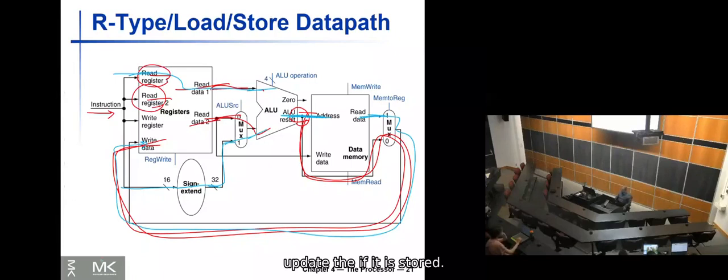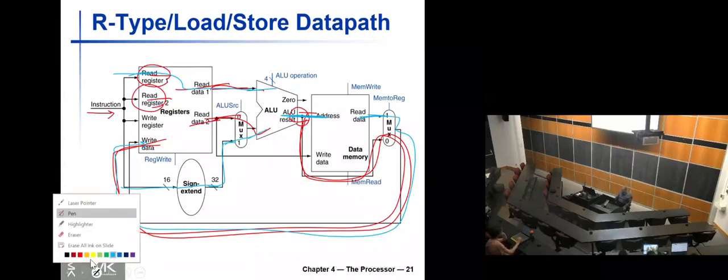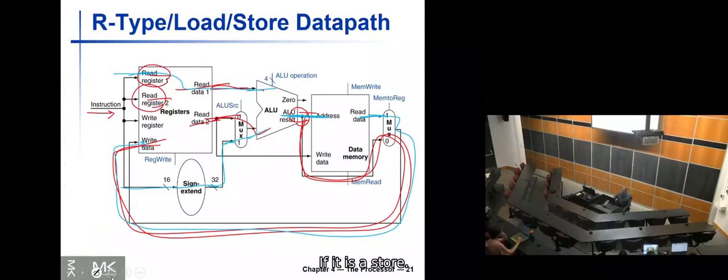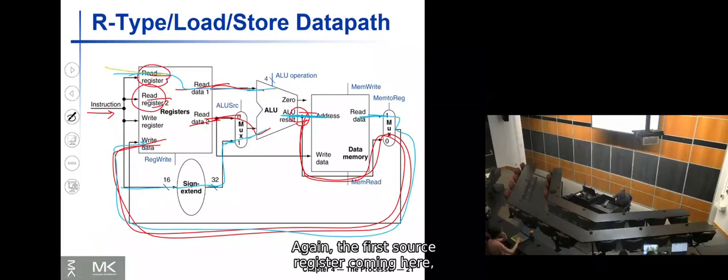If it is a store, again, the first source register comes here, which would be the base address, and the immediate value comes here, sign extended, coming to the ALU. They are added together. The address is calculated. The address comes to data memory, and also we have data.